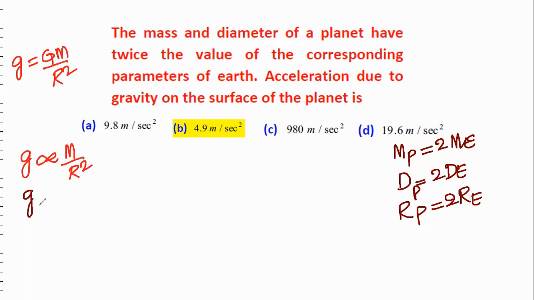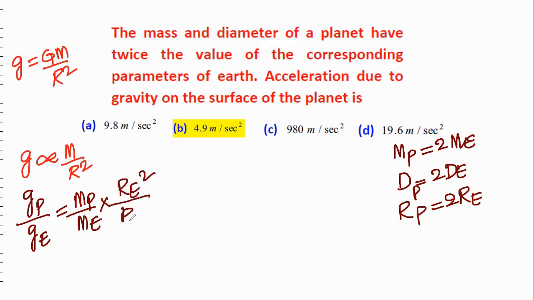Then Gp divided by Ge is equal to Mp divided by Me into Re square divided by Rp square. Like this we will write. And substituting, Gp by Ge is equal to mass of the planet, 2 times the mass of the Earth, divided by mass of the Earth.